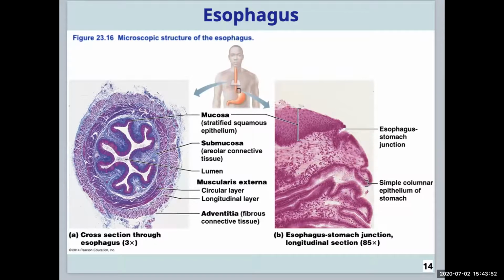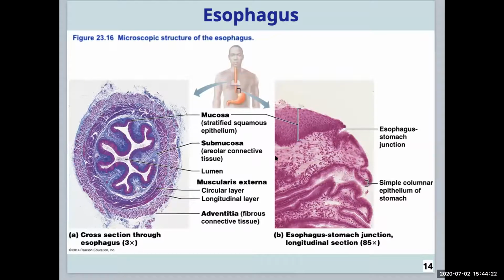In terms of the location of the esophagus, it's located in the posterior mediastinum. It descends into the stomach, passing through the diaphragm. And around the place where it passes through the diaphragm, there is a sphincter located in between the esophagus and the stomach.